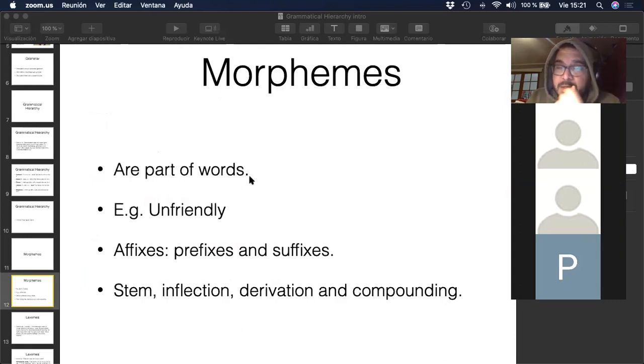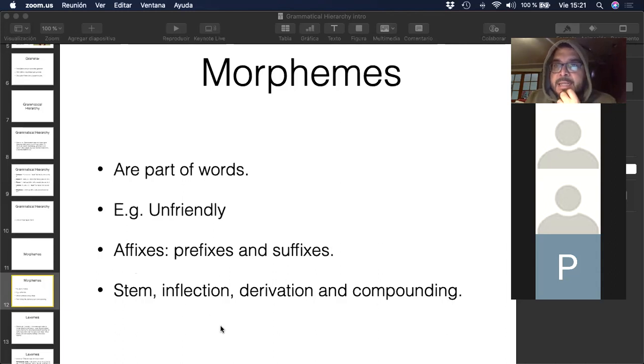Bound morphemes are also called affixes. And inside of these affixes or bound morphemes, we will encounter two: prefixes if they are in front of the free morpheme, and suffixes if they are after the free morpheme. Therefore, this is like the summary.